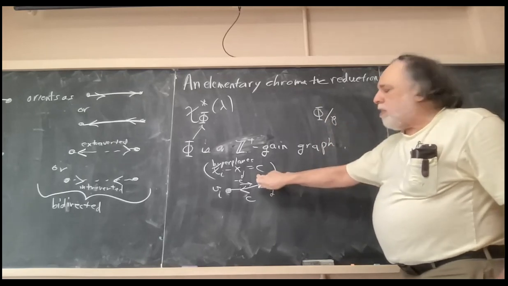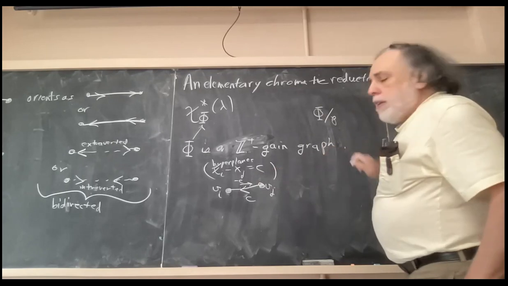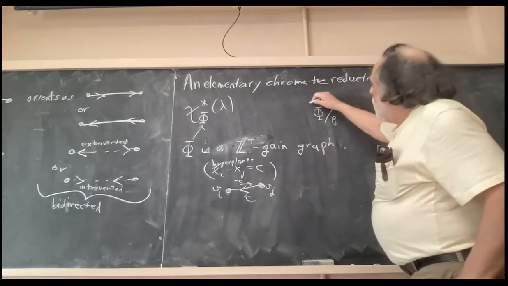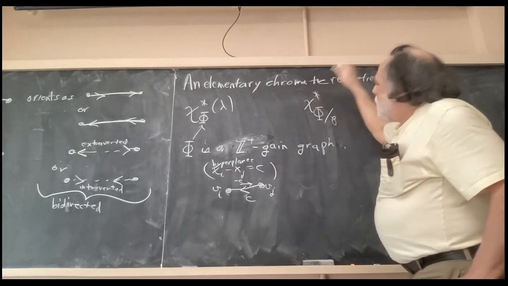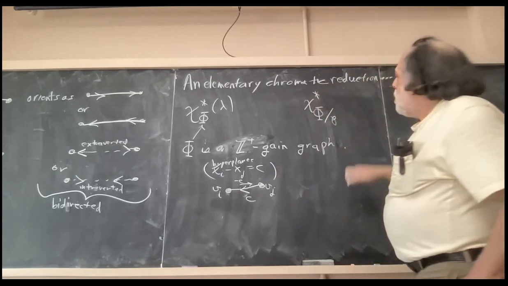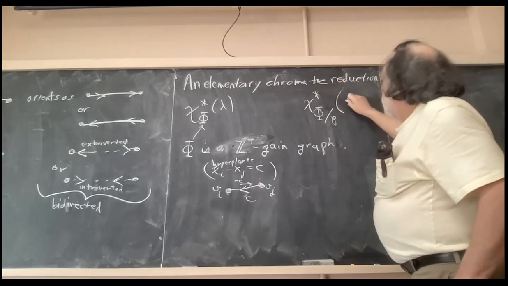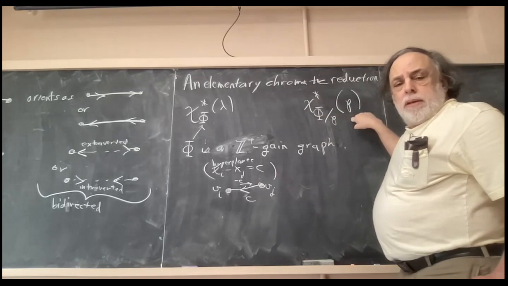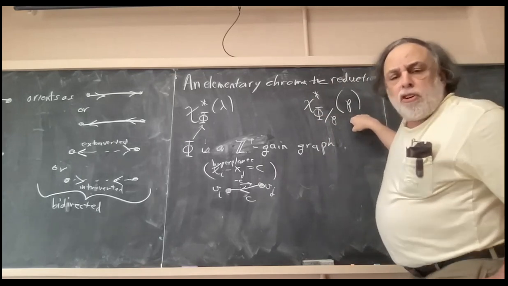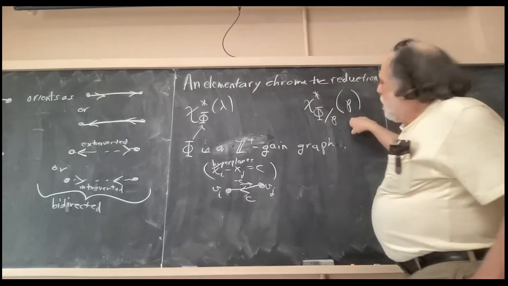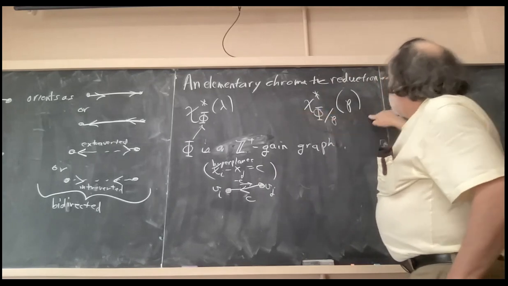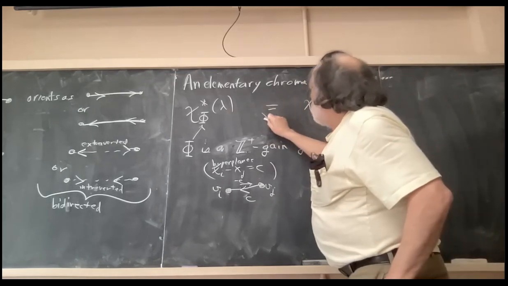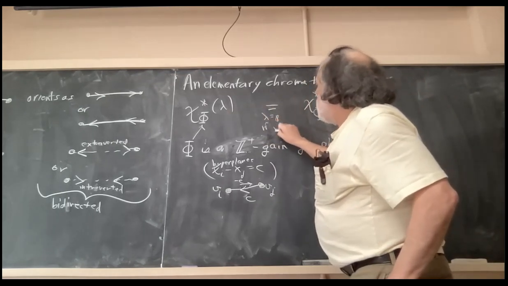So this c is taken modulo p, and he does some computations which are actually essentially computing the balanced chromatic polynomial of this gain graph at p. So he's not even computing the whole polynomial. And he shows that these are equal at lambda equals p if p is large enough.